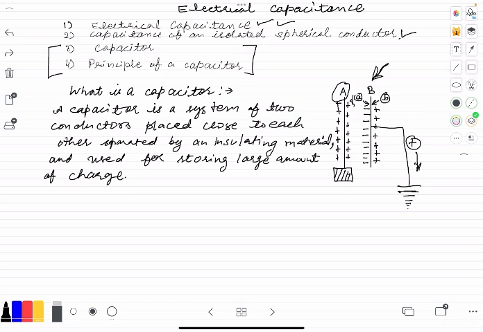Okay, so due to this negative charge on plate B the potential of A is sufficiently decreased.